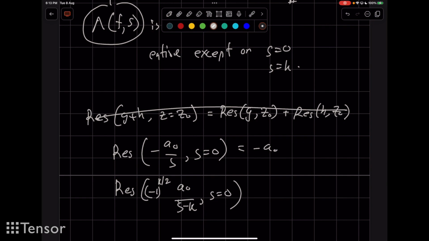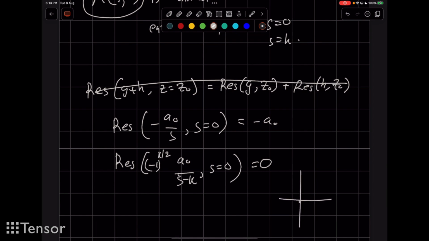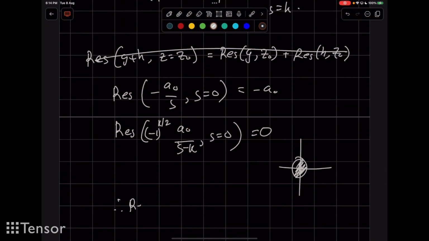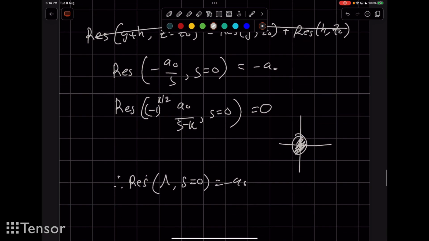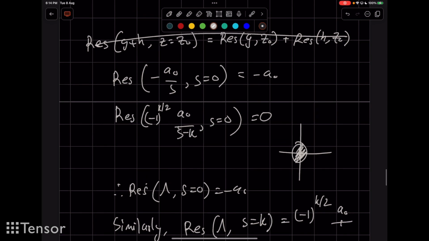First we are computing the residue at s equals 0. Yeah, it's 0, because in a neighborhood of 0, this function is holomorphic. Right? Okay. So therefore, the residue of the completed L function at s equals 0 is negative a0. Similarly, the residue of lambda at s equals k is negative 1 to the power k over 2 a naught. Yeah, this is the residue.